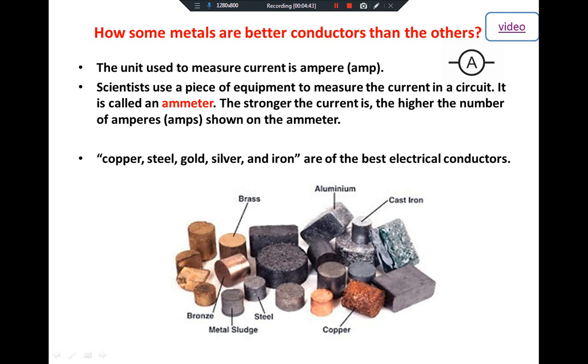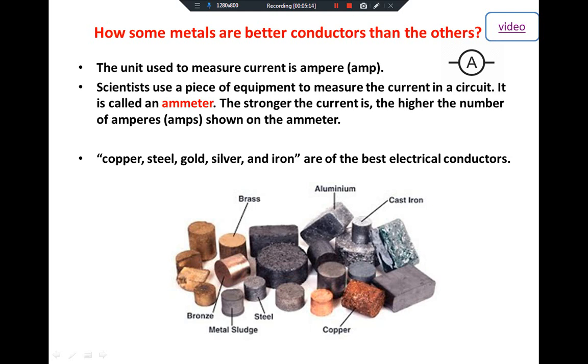In order to test that, we need to use them. Unfortunately, we're not in the classroom, but when we get to the classroom we will do an experiment regarding this. We have copper, steel, bronze, brass, aluminium. These metals are conductors, but their levels are different.